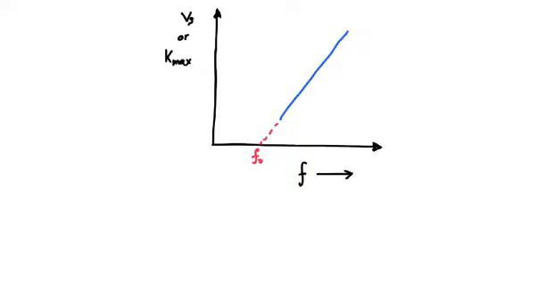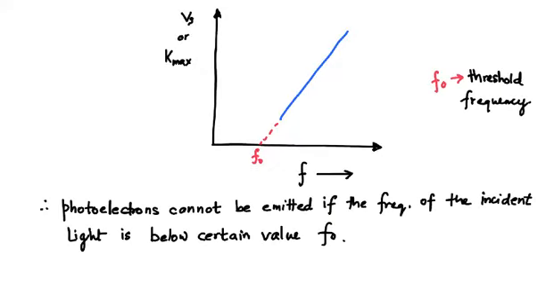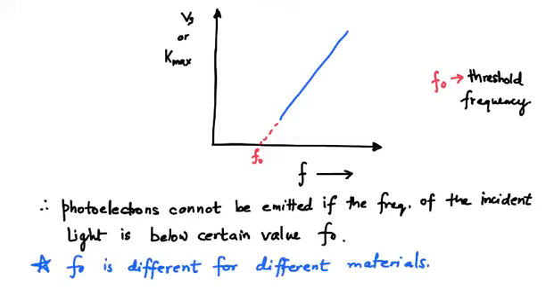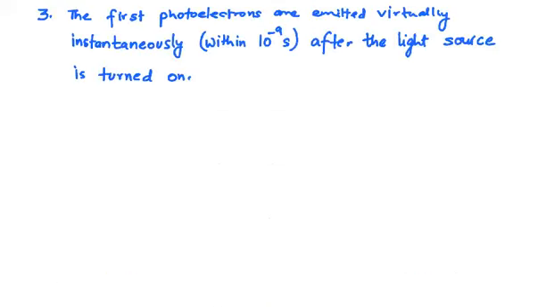So from this graph it is clear that photoelectrons cannot be emitted if the frequency of the incident light is below a certain value, or below the threshold frequency. Here, note that this threshold frequency is different for different materials. And the third experimental observation was that the first photoelectrons are emitted virtually instantaneously after the light source is turned on.